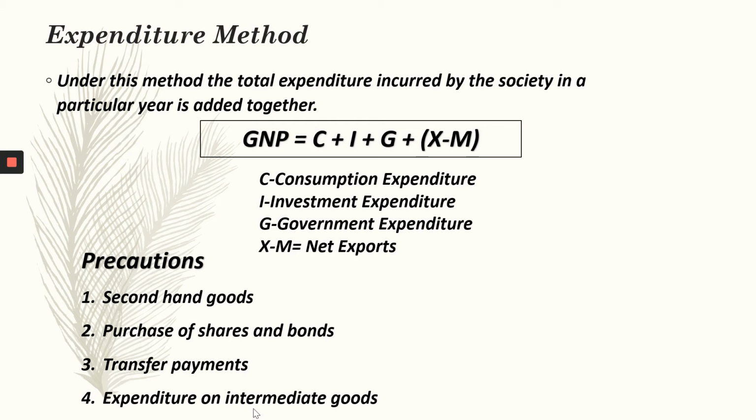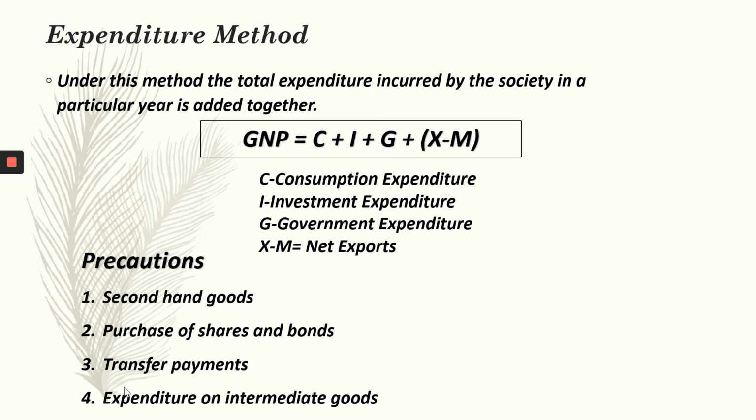Last one, expenditure on intermediate goods. You have raw materials, they are called intermediate goods, or finished goods. So we should not add the expenditure made on intermediate goods. Expenditure on seeds or fertilizer by a farmer cannot be included in the national income calculation. So these are the precautions which have to be taken.